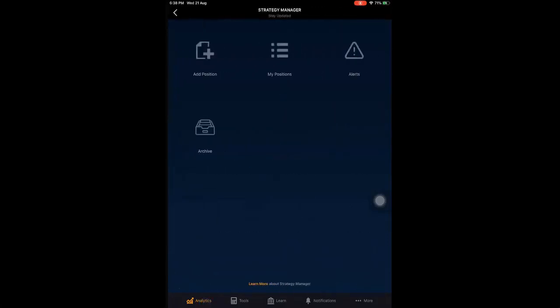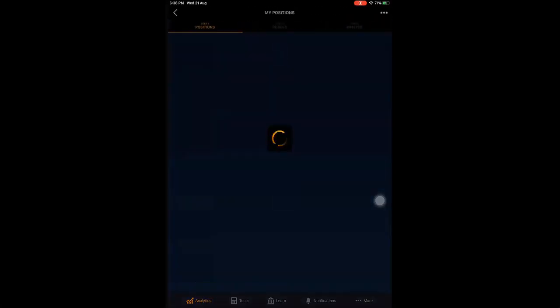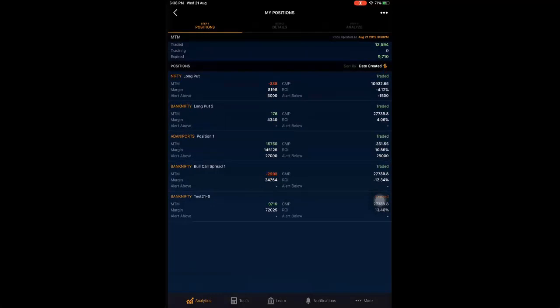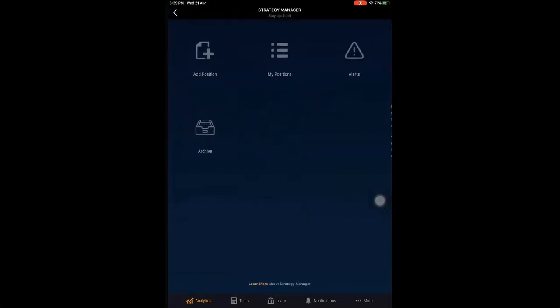Using the manager, in My Position, you can actually evaluate your strategies: which is the position giving you the maximum profit, and which is the position at a loss. You can set alerts using the manager. Now, at times it happens that I'm a person who does future long and I try to do some hedging along with it.